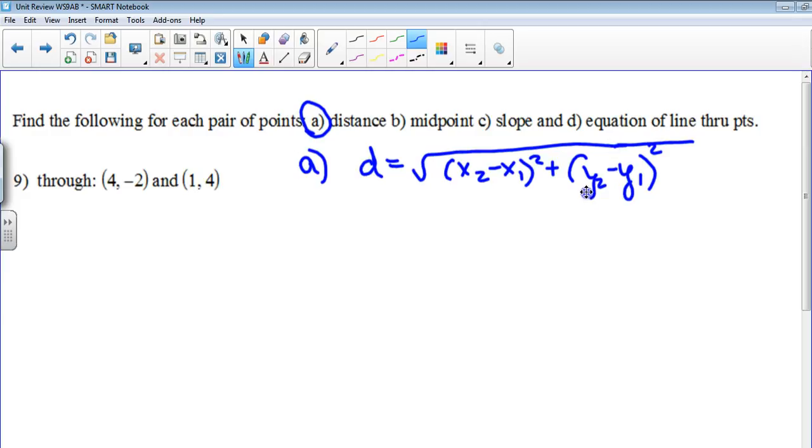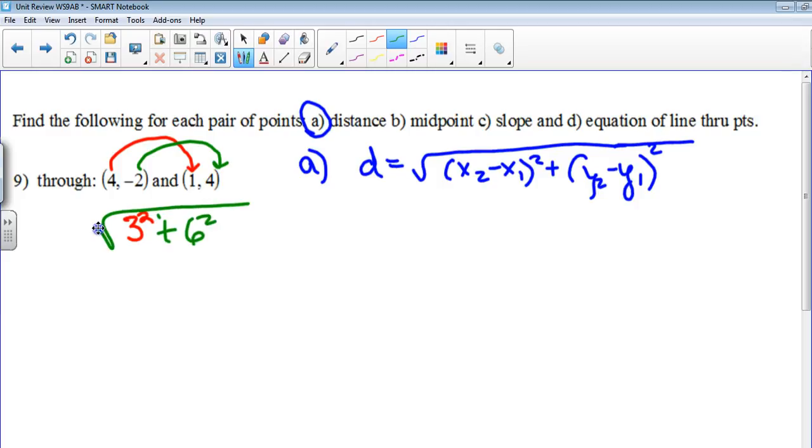Does anybody remember kind of how I described it, so we didn't have to think about that quite so hard? Yeah, I did Pythagorean theorem, remember? So the difference in the x's, how far apart are 4 and 1? And how far apart are -2 and +4? Okay. So then I just thought of it as a Pythagorean theorem question.